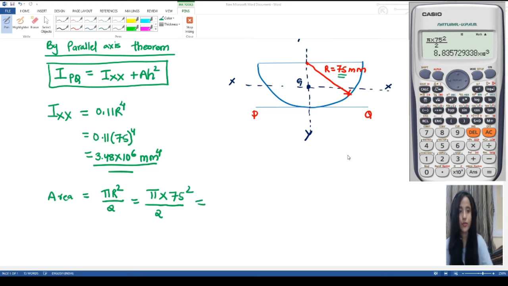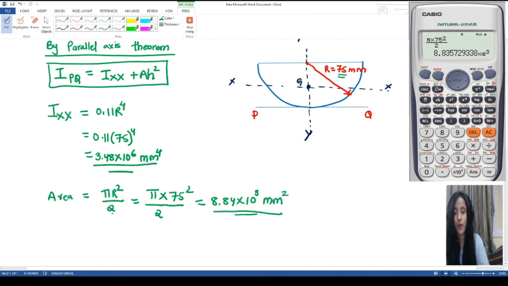This is coming equal to 8.84 into 10 raised to power 3 mm square, since this is an area. So now I only need to find the height h.